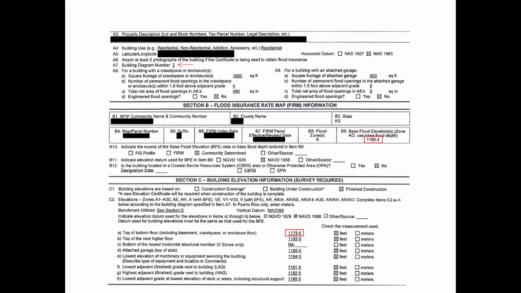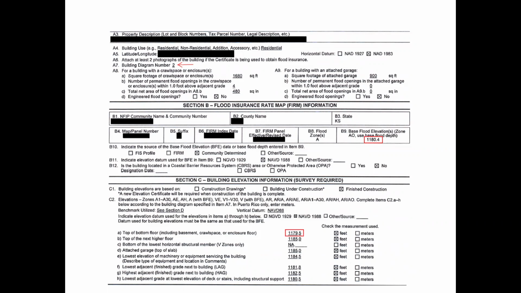So looking at another elevation certificate, and some common mistakes that we see. So for A7, this is a diagram 2, which should say either A or B, so we know if it's a regular basement or a walkout basement. And then A9, there's an attached garage, and it says 900 square feet, but then it also says a crawl space that has no opening.